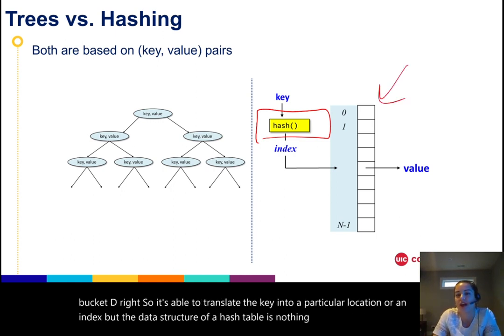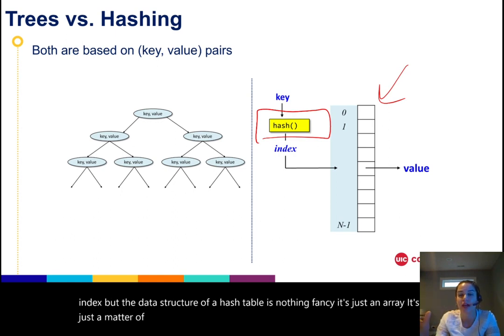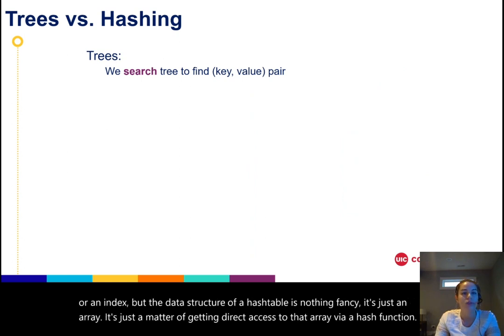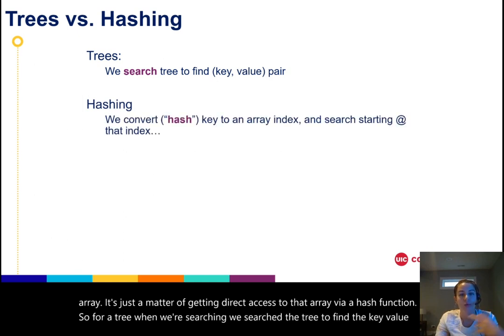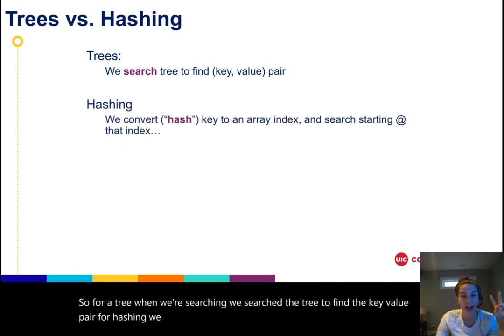It's just an array. It's just a matter of getting direct access to that array via a hash function. For a tree, when we're searching, we search the tree to find the key value pair. For hashing, we convert or hash a key into an index, and then we start searching at that index.